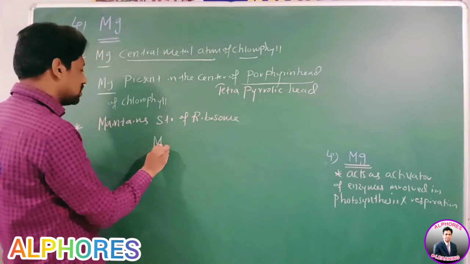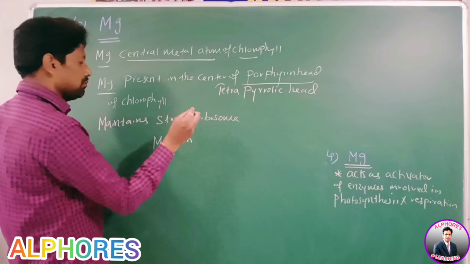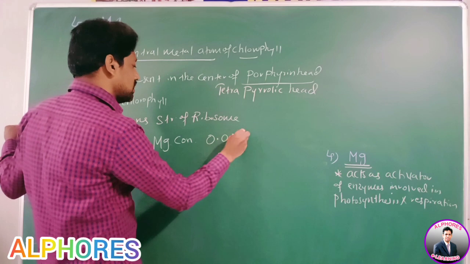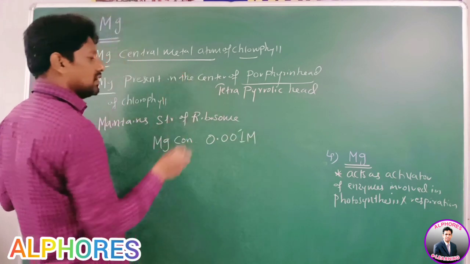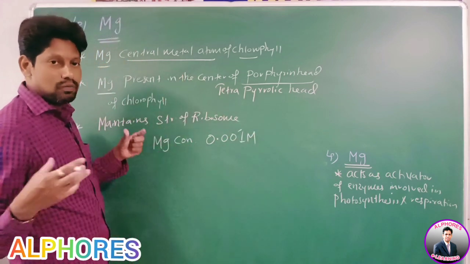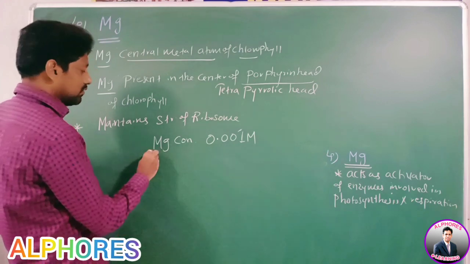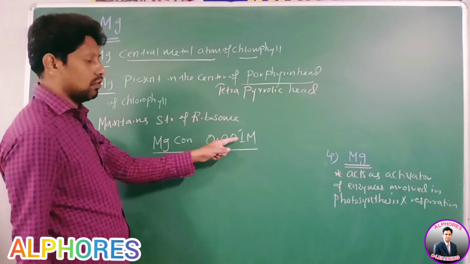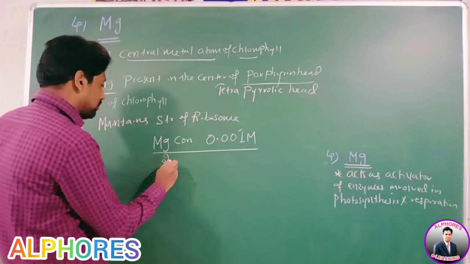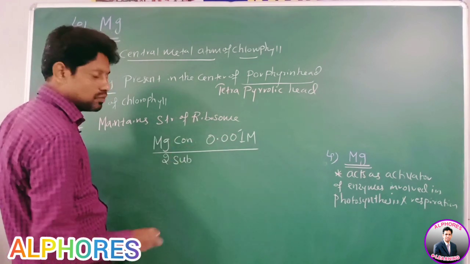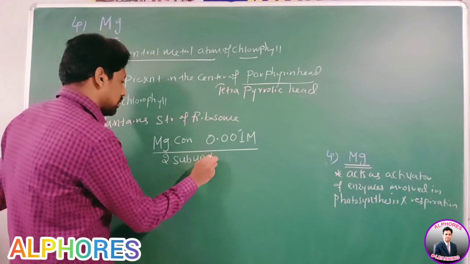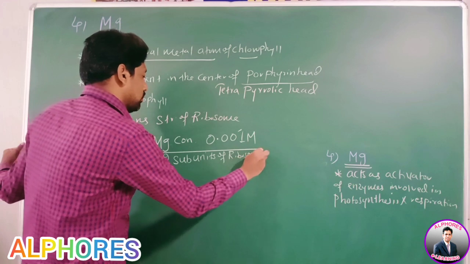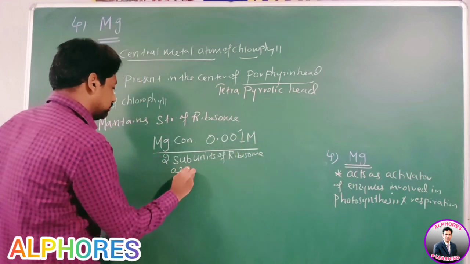If magnesium concentration is 0.001 M, then the two subunits of ribosome associate with one another. Two subunits, larger subunit, smaller subunit, yes or no? Two subunits of what? Ribosome. What happens? Associates.